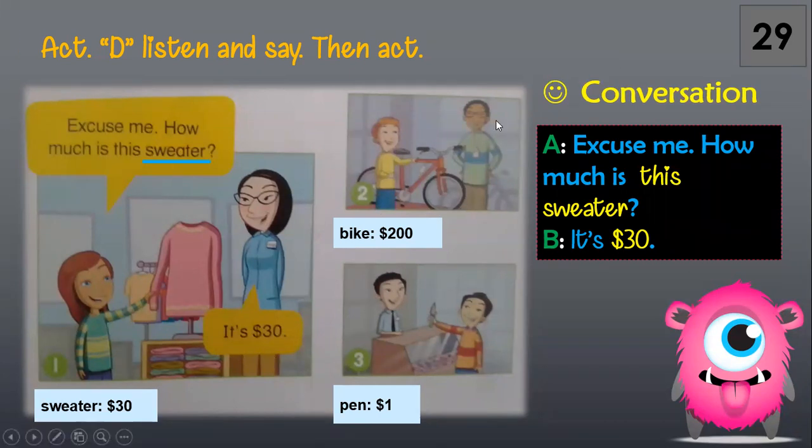Now the salesperson, knowing the price, will answer. It's $200.